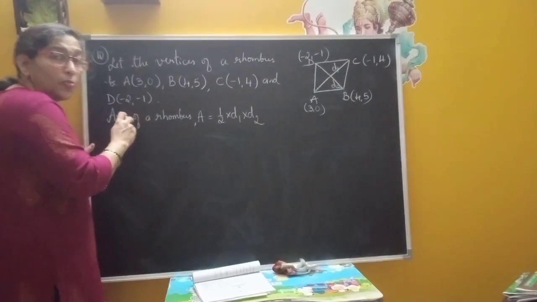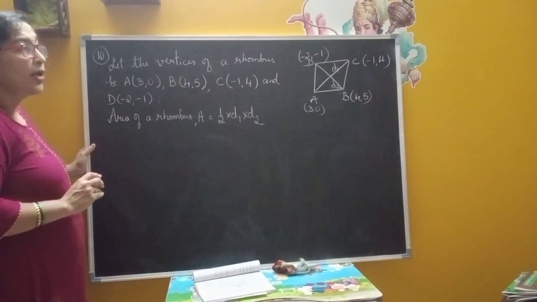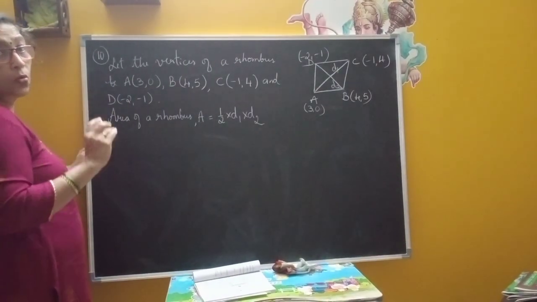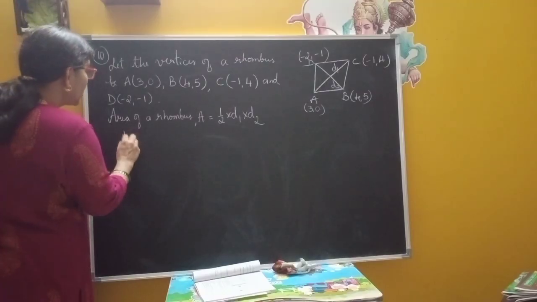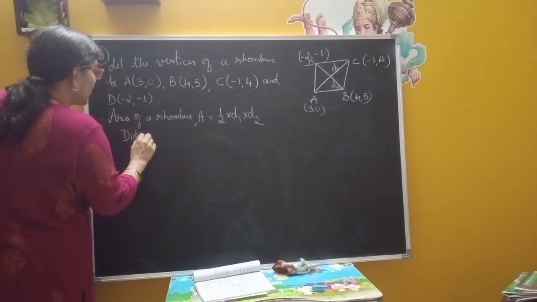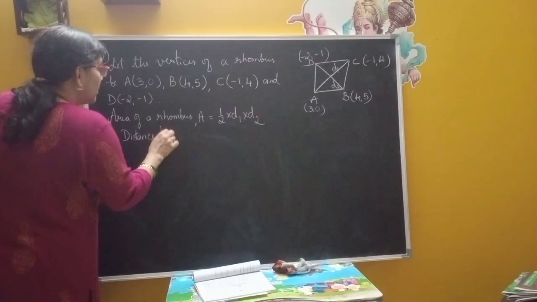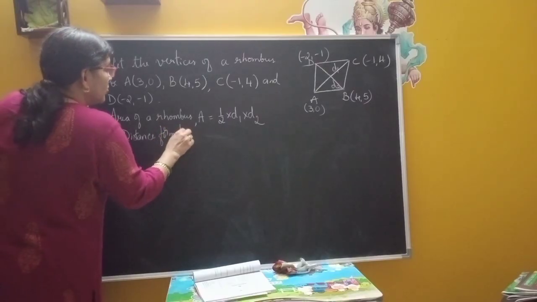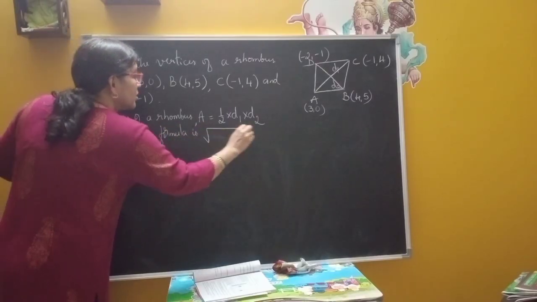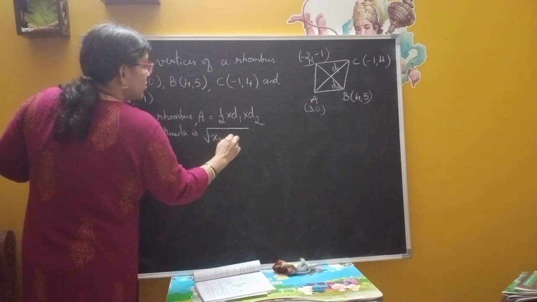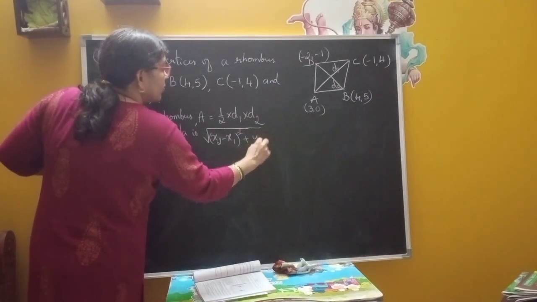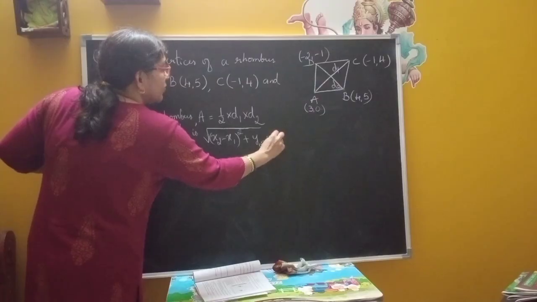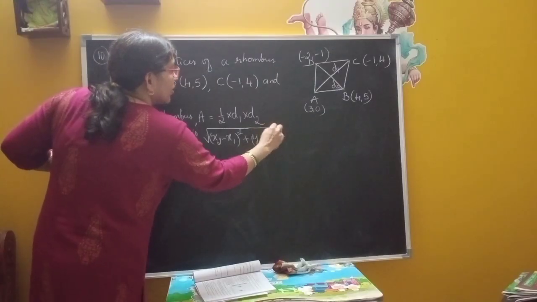What is the distance formula? It is square root of (x2 minus x1) whole square plus (y2 minus y1) whole square.